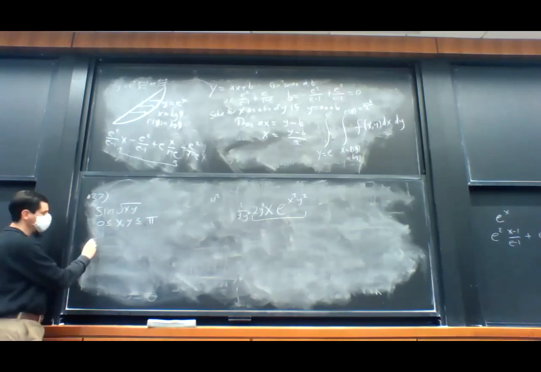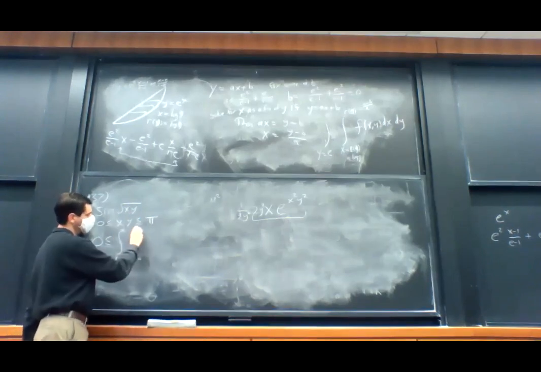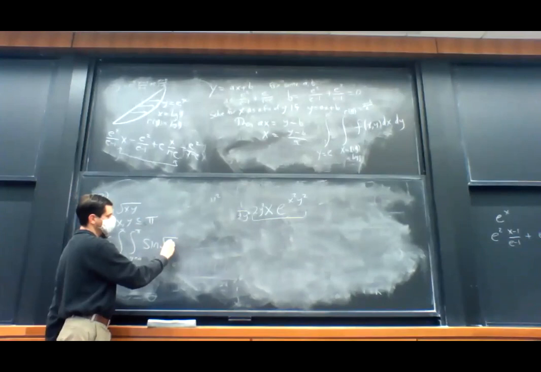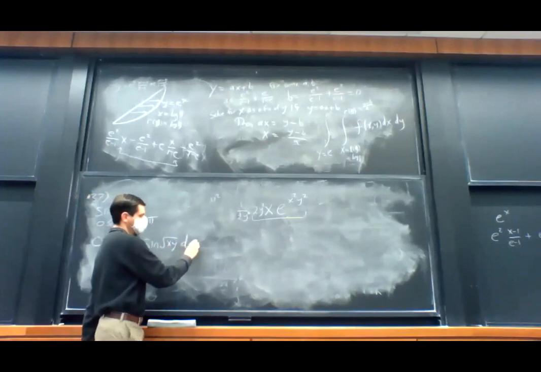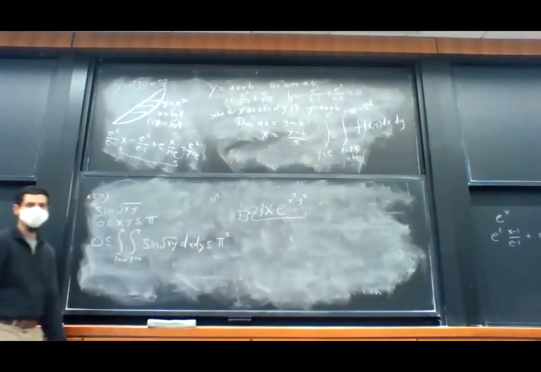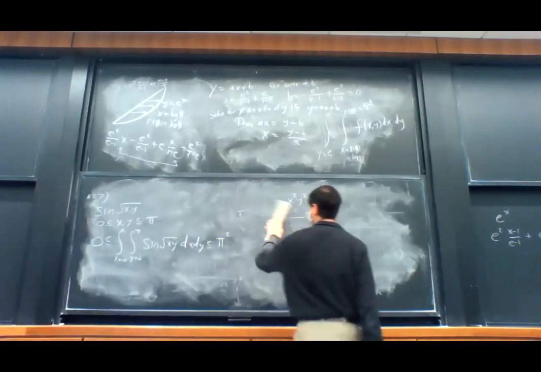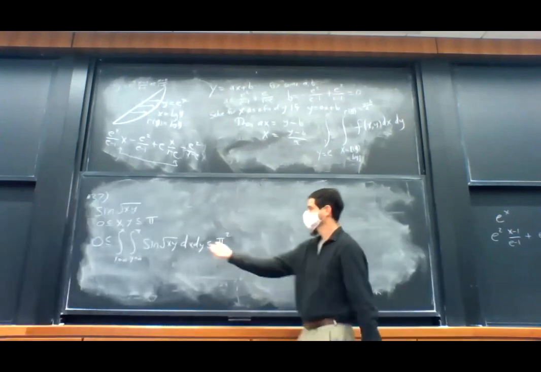We wanted to show using Riemann sums, the integral with x from 0 to pi, y from 0 to pi, of sine square root of xy dx dy, is less than or equal to pi squared. And what's nice about this is in the region that x and y go, the argument of sine is always between 0 and pi.